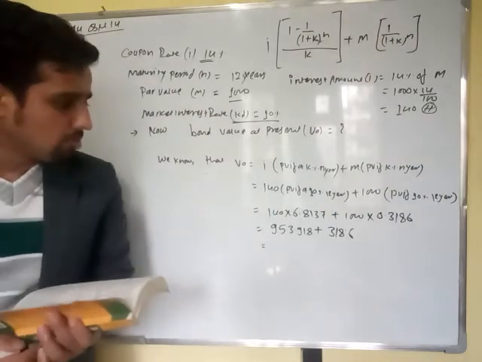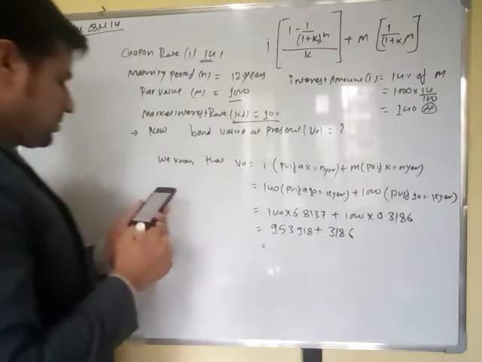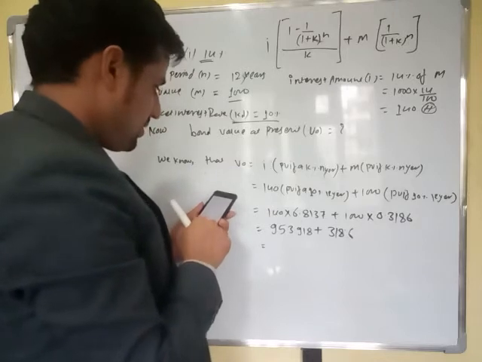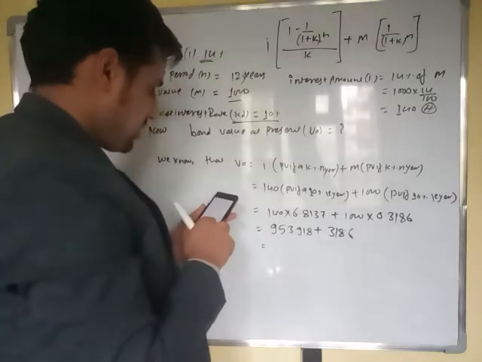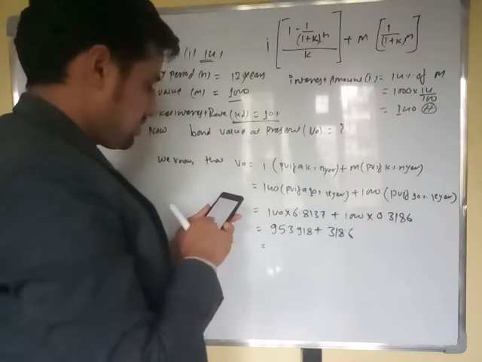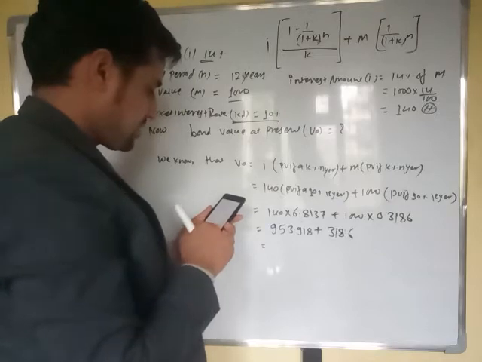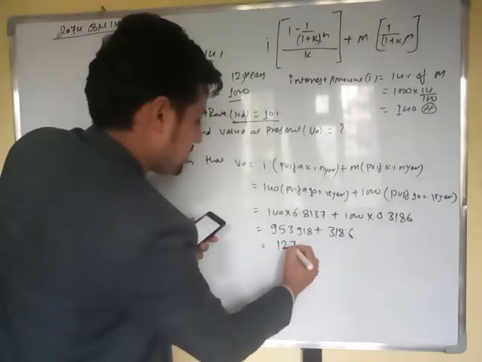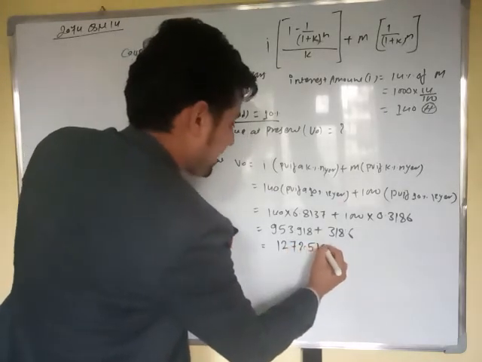Please add this information quickly: 953.918 plus 318.6, is 1272.518.